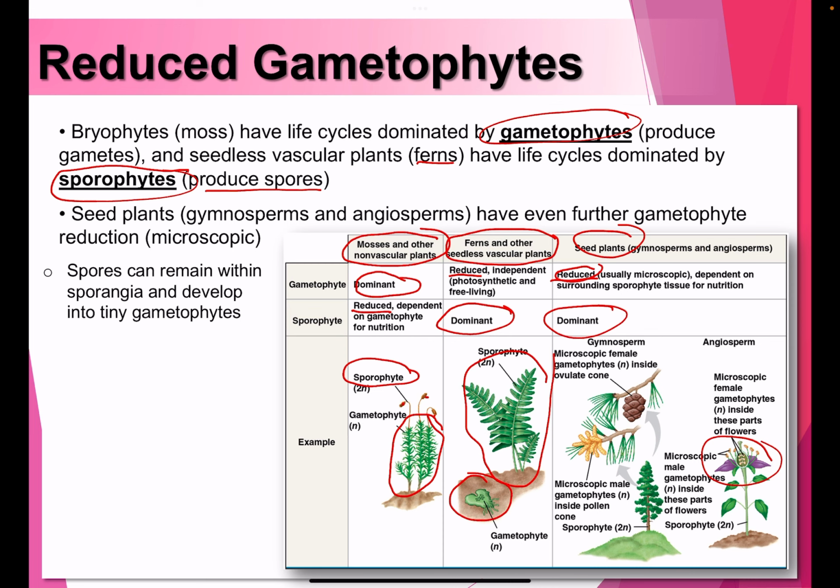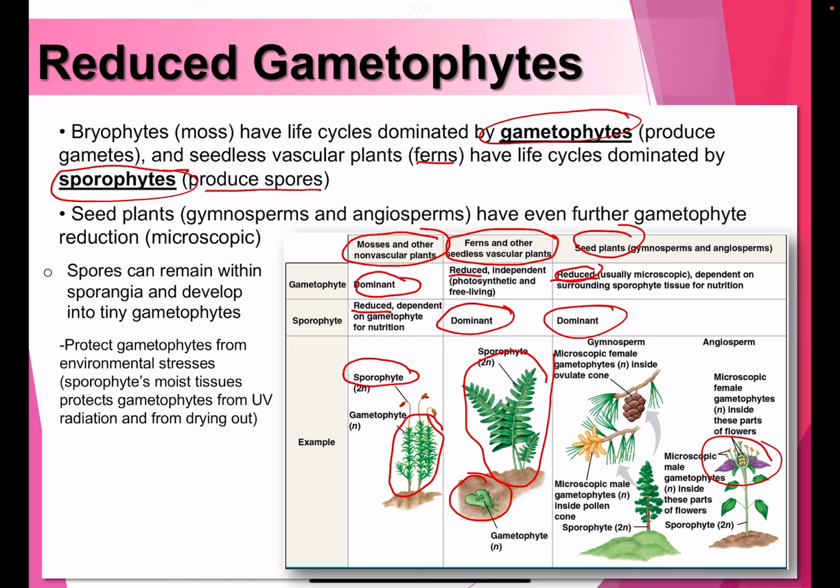All right, so with seed plants, their sporophyte will produce spores that remain within the sporangia. Okay, and that's another thing that is different compared with the other two plant groups we talked about in the last chapter. Their spores don't need to be dispersed like non-vascular plants or seedless vascular plants do. And so seed plant spores will actually develop into tiny gametophytes while remaining inside of the sporangia.